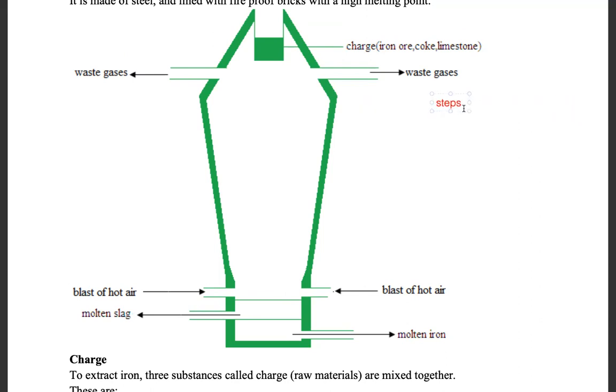Steps or procedure, and this includes chemical reactions. The first thing that starts the chemical reaction is limestone. So the limestone decomposes. Now remember, decomposition only happens when a substance is heated.